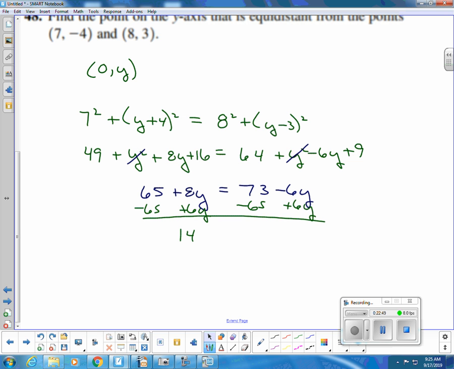So you have 14y equals 8. So y equals 8 over 14. I'm going to double check that. Okay, so that would be your y value.